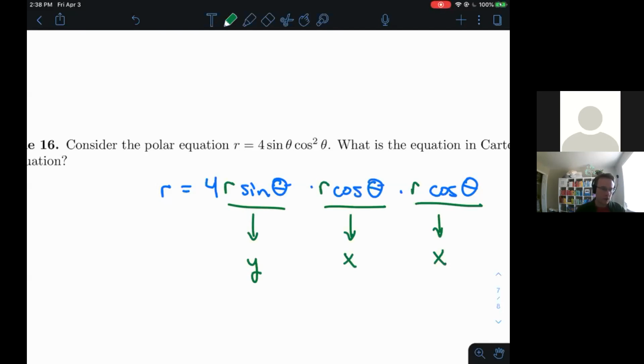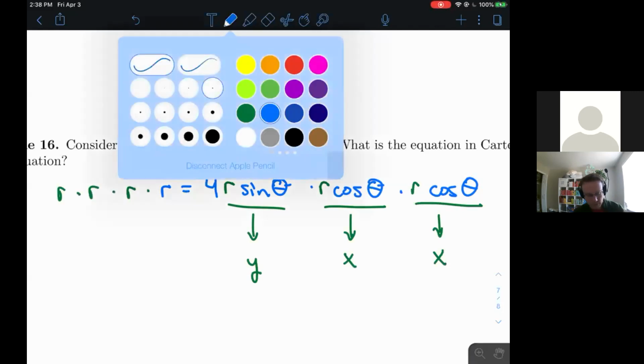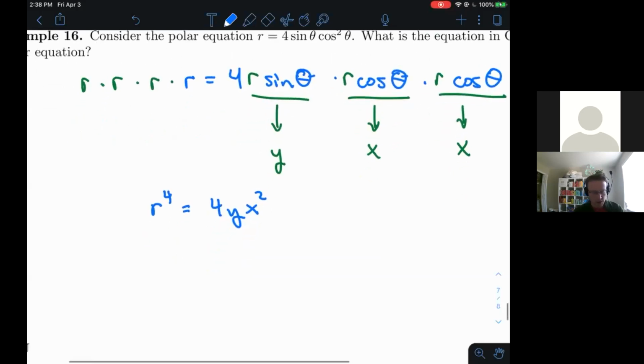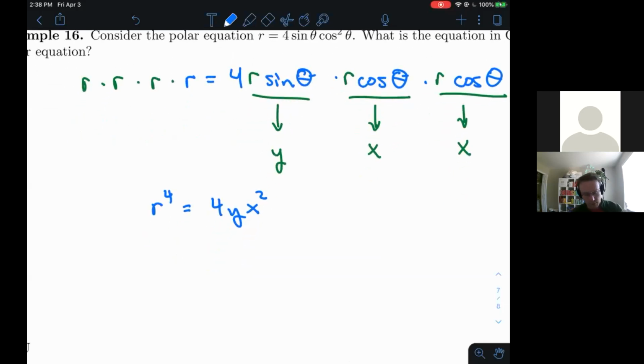And so really, in total, I'd like to interject 3 more r's, and these are all being multiplied together. So if I'm going to multiply 3 r's on the right-hand side, I should probably also do it on the left-hand side. And so this is going to be r to the 4th is equal to 4 times y times x squared. And of course, we know that r squared, maybe if we wanted to, we could rewrite this as just r squared times r squared.